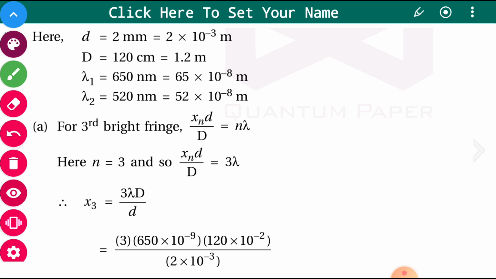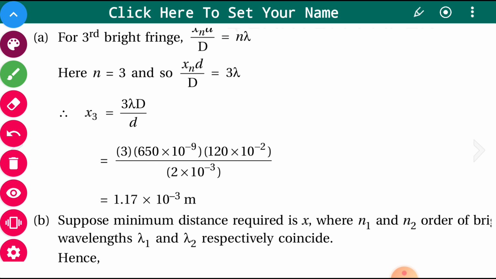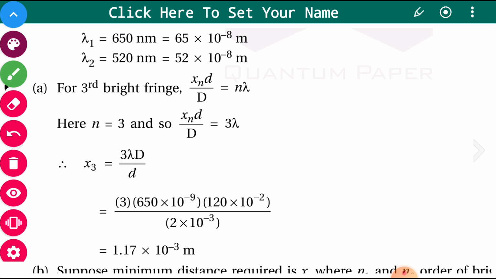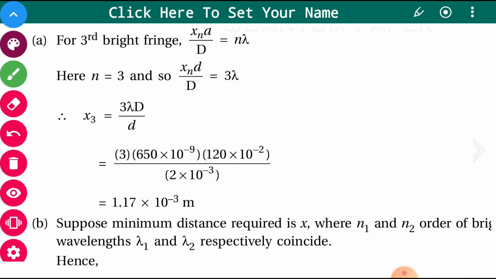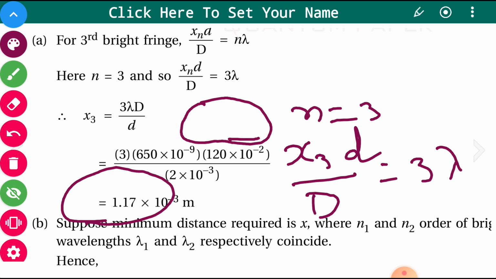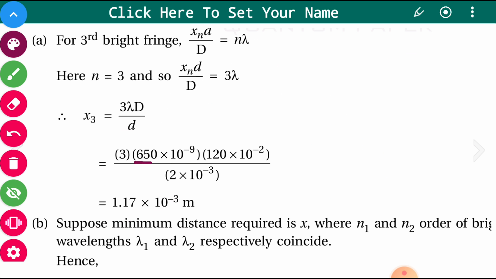All the values are with you. This calculation is for the 650 nanometer light. So instead of lambda, we will write 650 into 10 raised to minus 9. Then capital D is 1.2 meters, so 120 centimeter into 10 raised to minus 2, just for the sake of calculation, it has been converted like this.